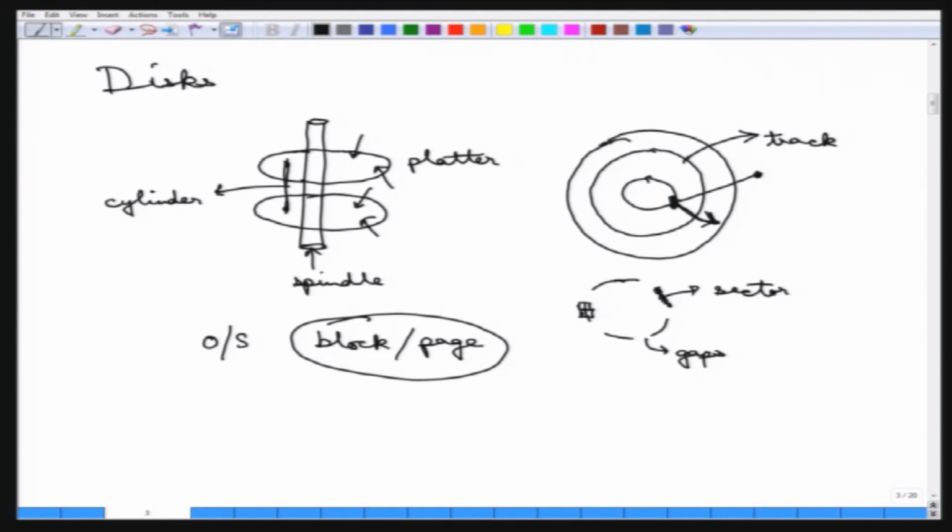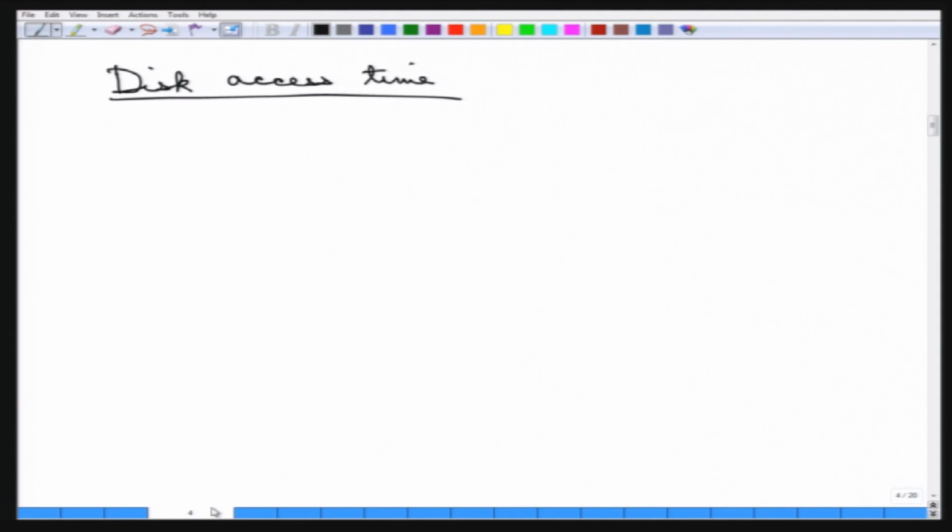This movement is only radial. So this is the read-write arm, and the head of the read-write arm can place itself on any track. But having placed itself on any track, it cannot access any sector. For that, the track must rotate so that the sector is placed under the read-write arm, and this movement of the read-write arm and the rotation are all mechanical movements. So that is why there is a physical, mechanical limit as to how much faster a hard drive can be.